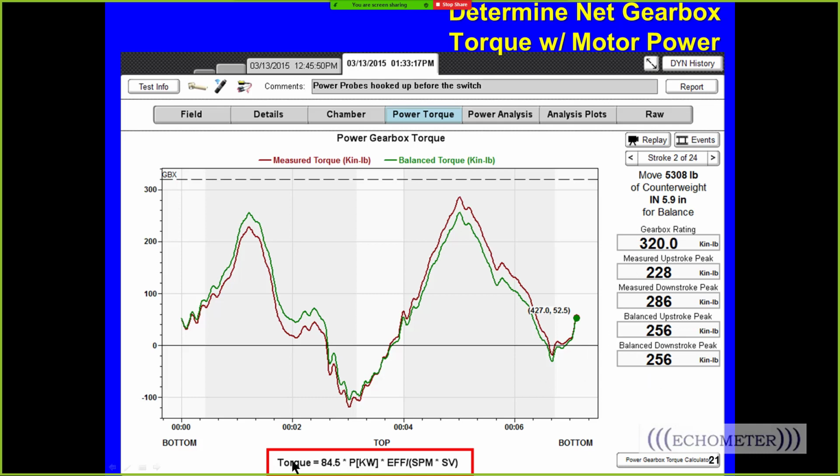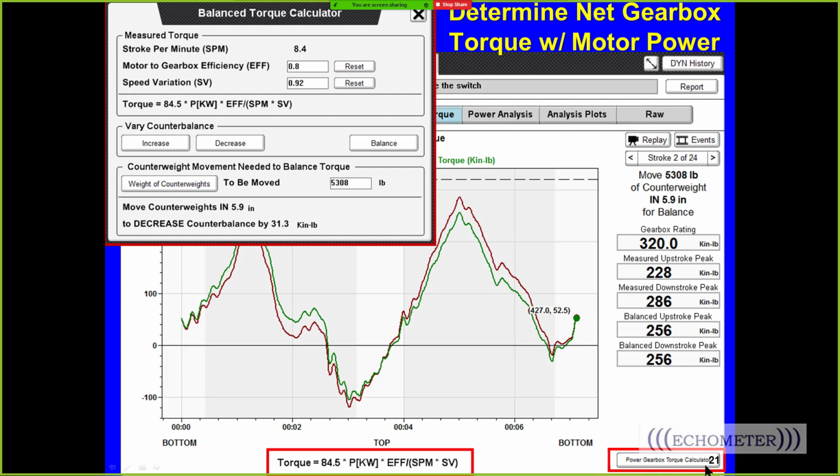And here's the equation, if you're wondering about the relationship between net torque and kW. There's a conversion factor, an efficiency of the electric motor, and the speed variation in strokes per minute. So that's the strokes per minute right there in speed variation. If you click on this little button here, we have the efficiency of the motor as 80%, and the speed variation here you could type it in, but I think we may have set this to actually calculate it, or we will set that in the future to calculate the speed variation.